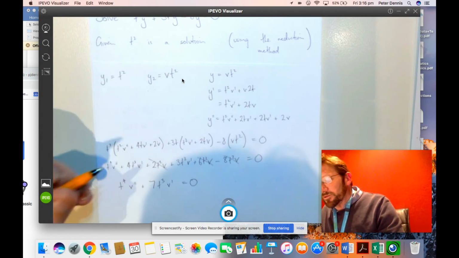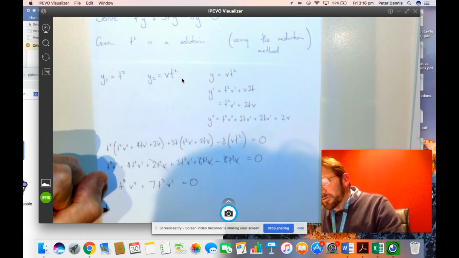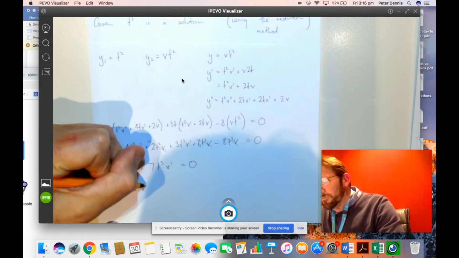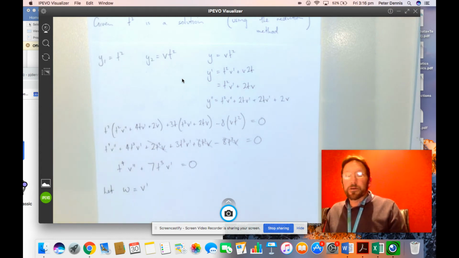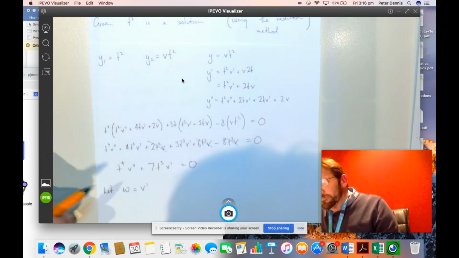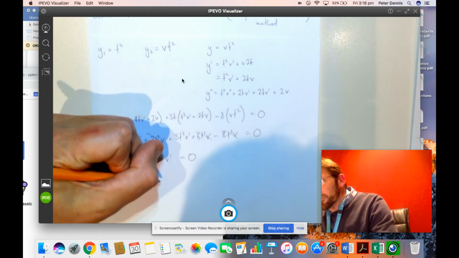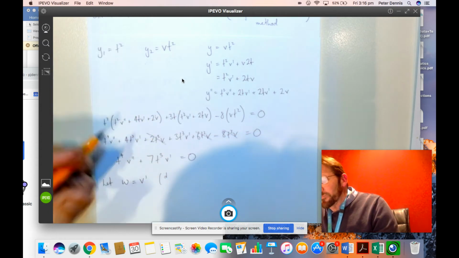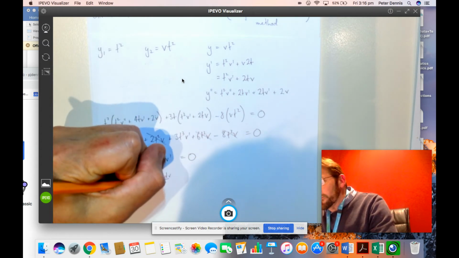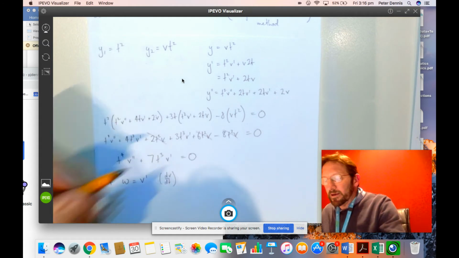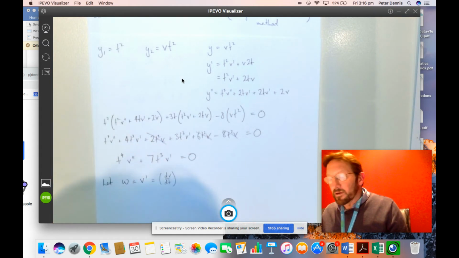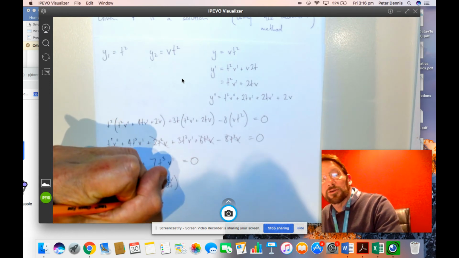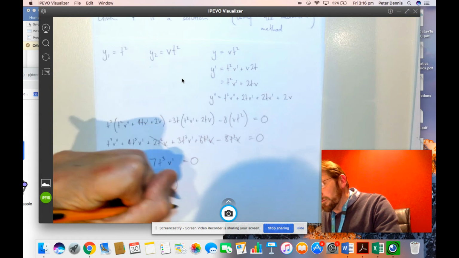Now what we are going to do is let w equal the first derivative of v. So w is dv/dt. All mean the same thing there. Let's put w into here. We get 7t cubed w equals 0.